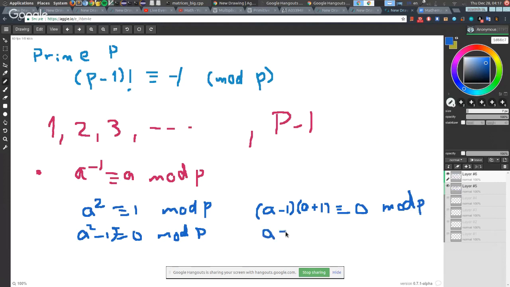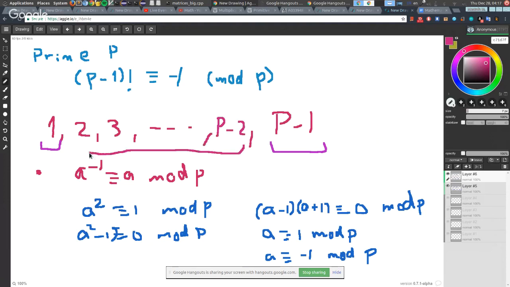So basically it will happen only if a is congruent to 1 mod p or a is congruent to minus 1 mod p. Basically it will be if the number a is from these two. Otherwise, if we are using a from these other numbers, then this will never be true.